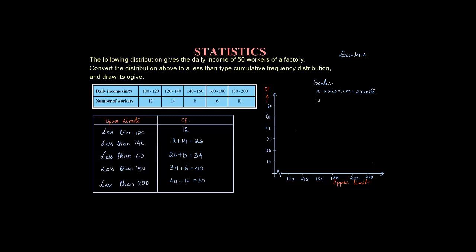In the y-axis, 1 centimeter indicates from here to here. If I am taking 1 centimeter, how many units does it indicate? It indicates 10 units because we are skipping like that itself. So 10 units. Now we will be just marking the points.